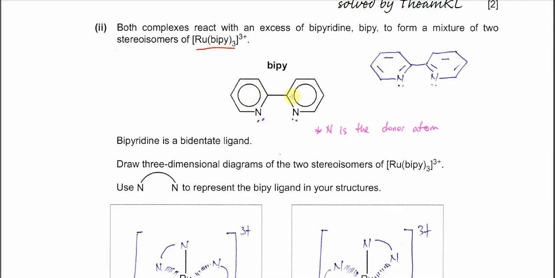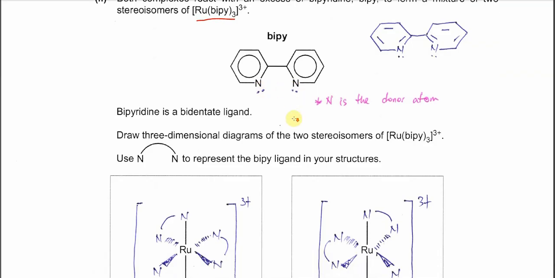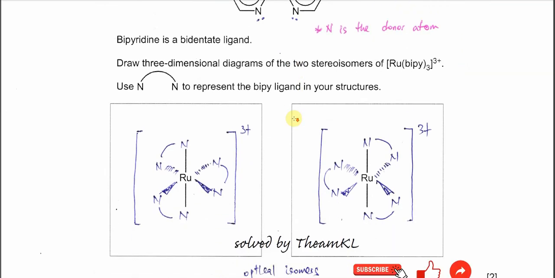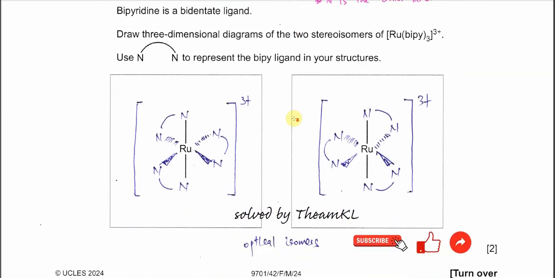As you can see here, there are 2 nitrogens, and these 2 nitrogens have a lone pair and can be the donor atoms, meaning they are the ones that form dative bonds with the ruthenium. Draw the 3-dimensional diagram of these 2 stereoisomers.